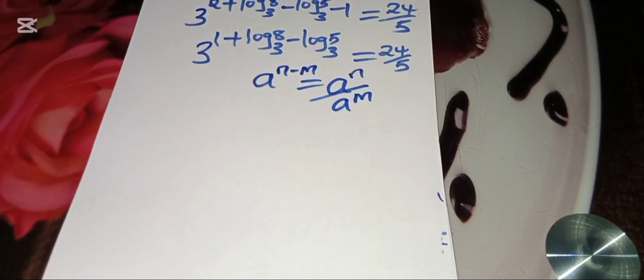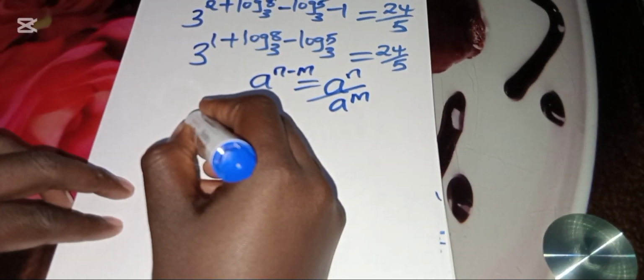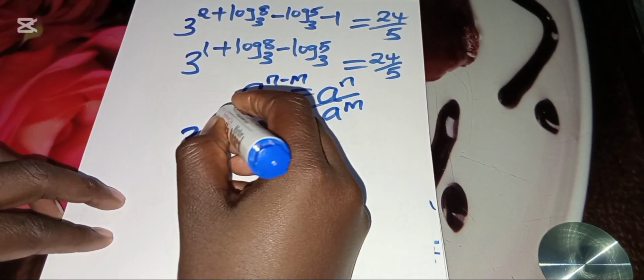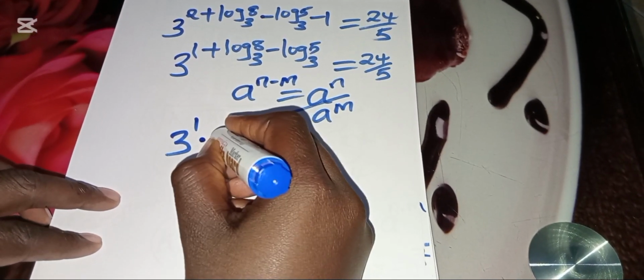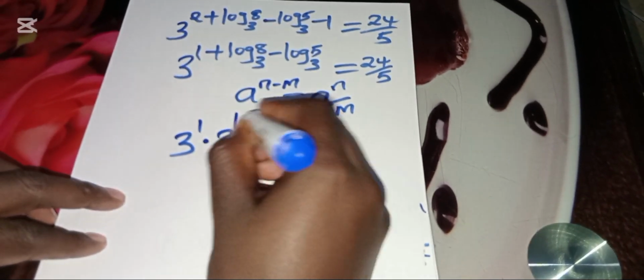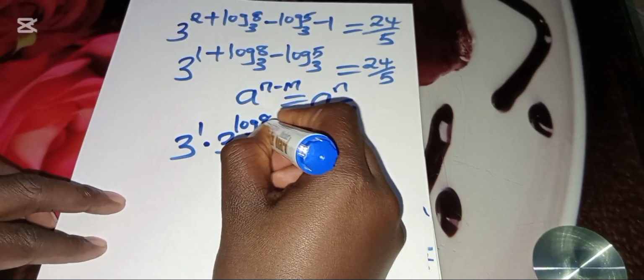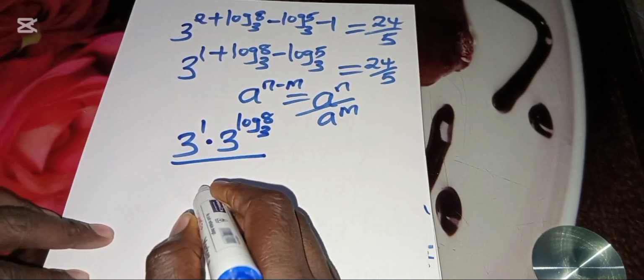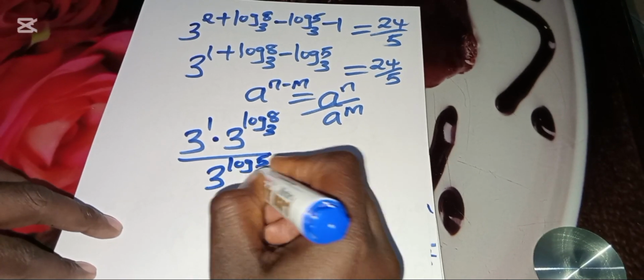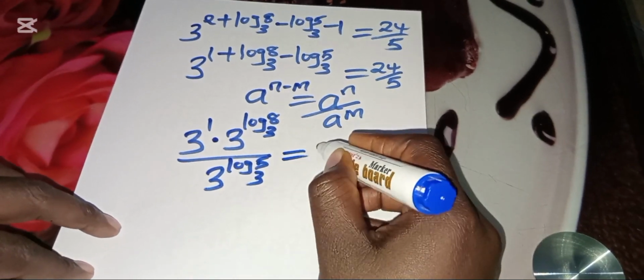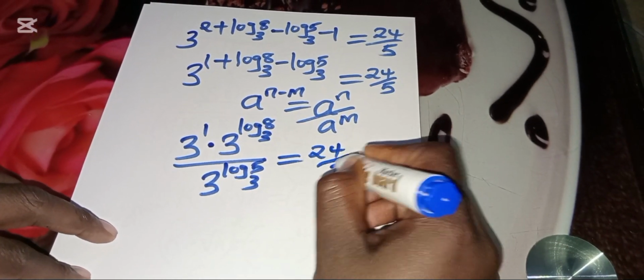So you're going to have 3 raised to power 1, multiplied by 3 raised to power log 8 to base 3 divided by 3 raised to power log 5 to base 3. This is supposed to give us a value of 24 divided by 5.